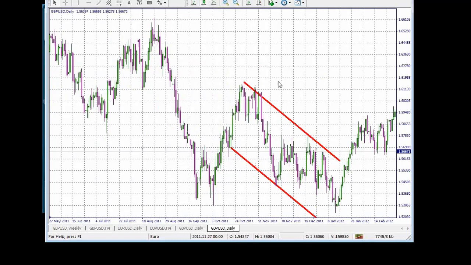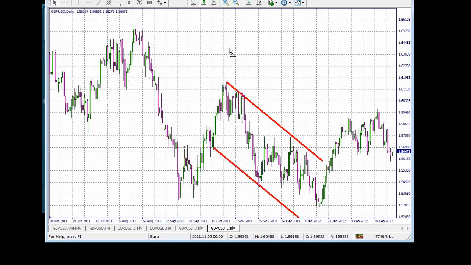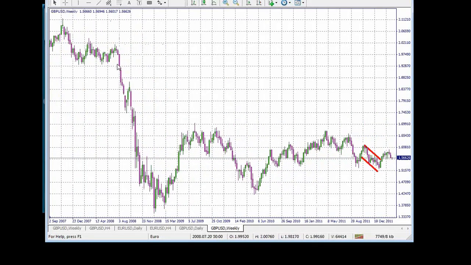I told you, I consider this is one impulse for one cycle of the currency. So if I want to see something different, I will go to a bigger time frame.